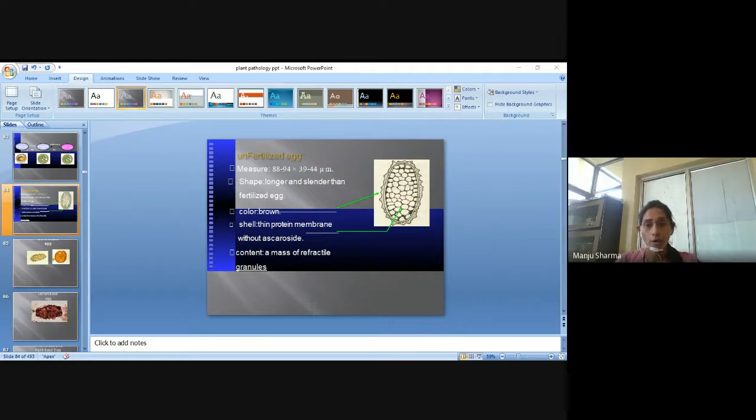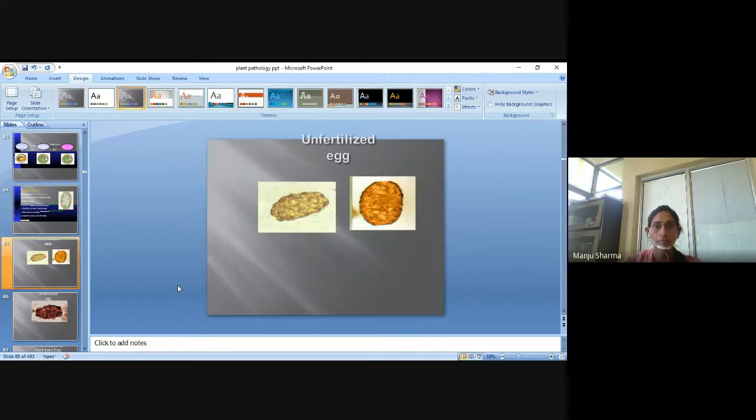The color is brown and the shell is a thin protein membrane without ascarocyte, and it contains a mass of refractile granules. So that is the unfertilized egg.